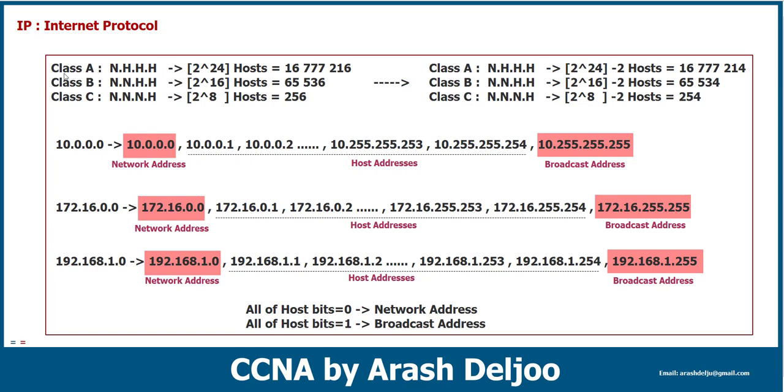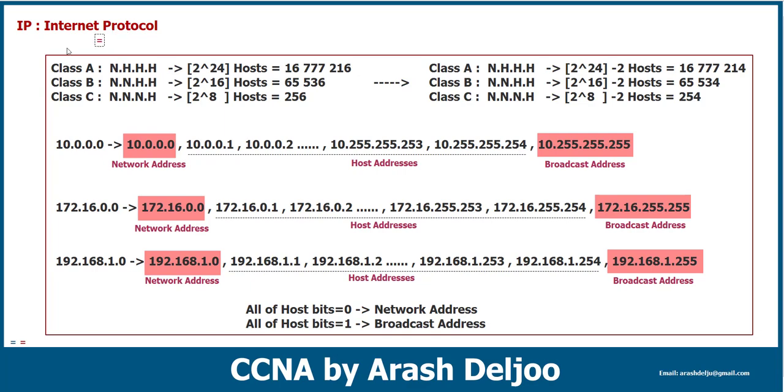Let me start reviewing class A, B, and C. Look at here. In class A, we have the first octet as the network octet, and octet 2, octet 3, and octet 4 as the host octets. This means that we have 8 bits for network and 24 bits for host in a class A IP address.